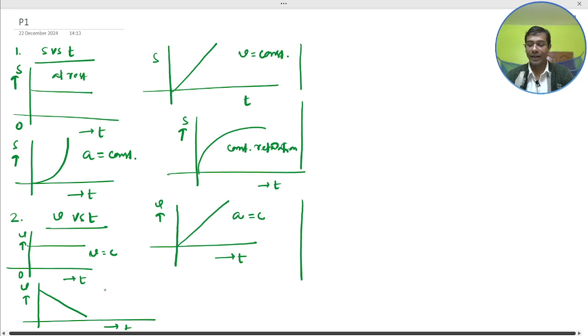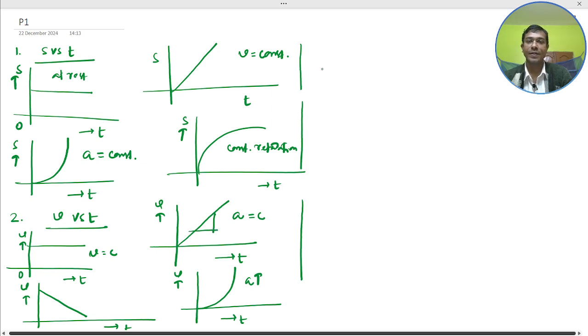And the fourth one, acceleration is increasing. So in the v t graph, the condition is that acceleration is increasing. The slope at any point in a v t graph gives the acceleration, dv by dt.